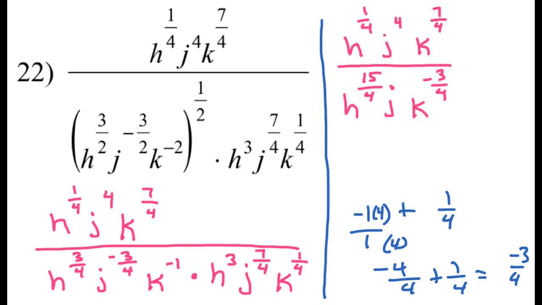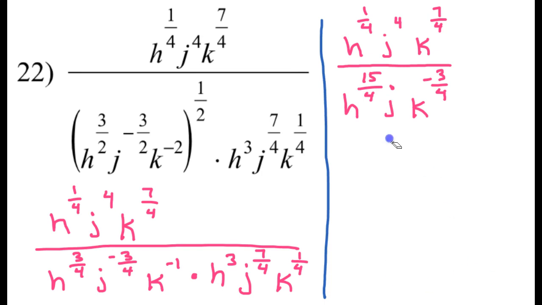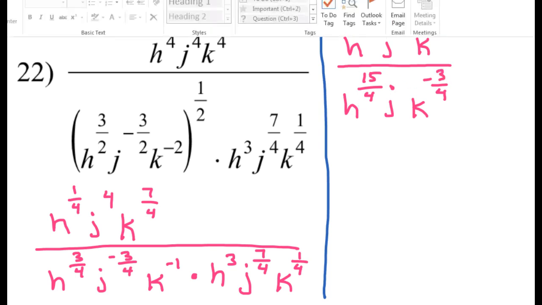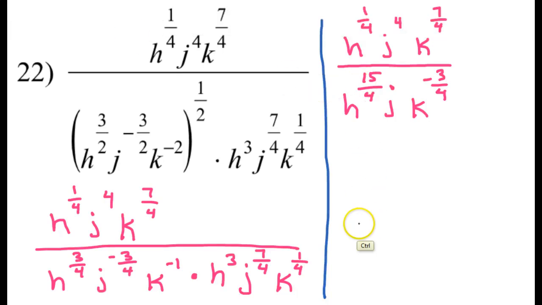Alright, so there's that. So now we're at the stage where we need to divide by subtracting the exponents. So looking at the h's, I need to do 1/4 minus 15/4.